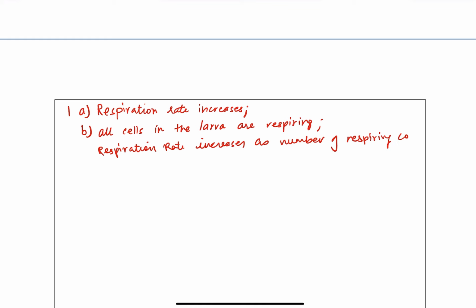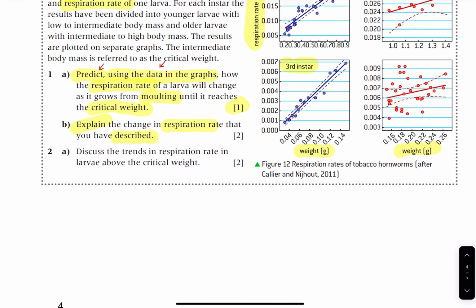You can say tissue, or cells of respiring tissue, increases. So the first one you just describe, and the second one you explain why.